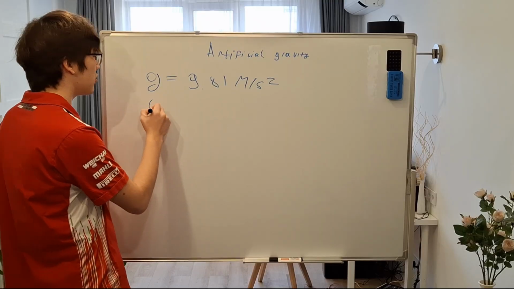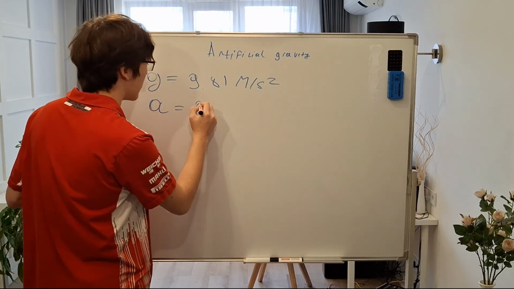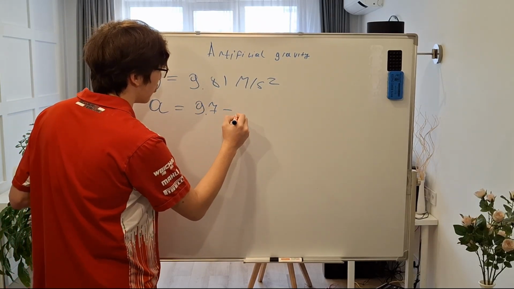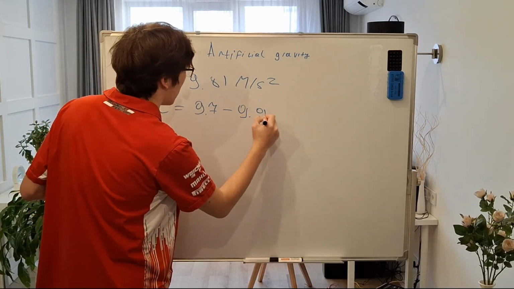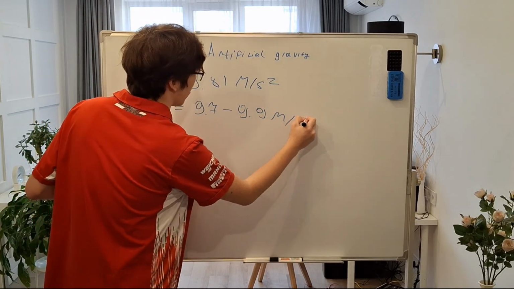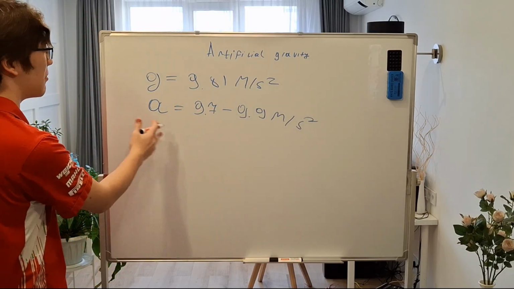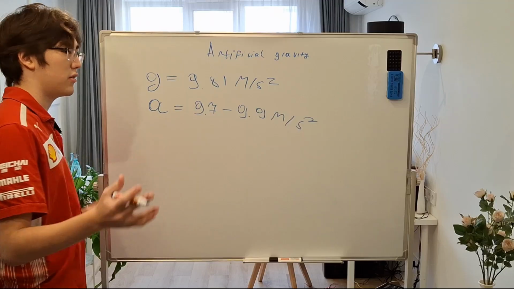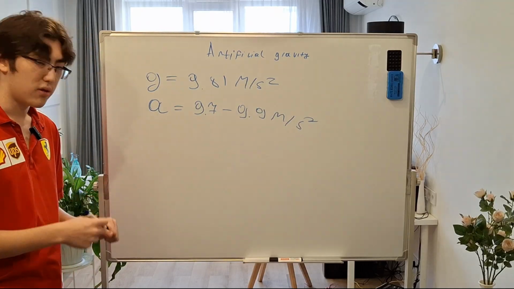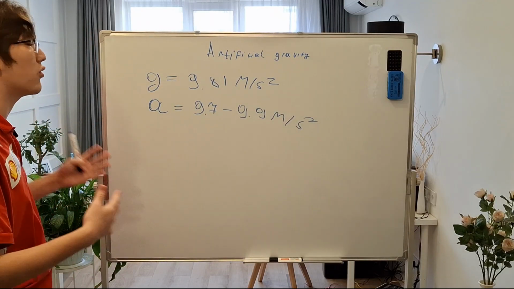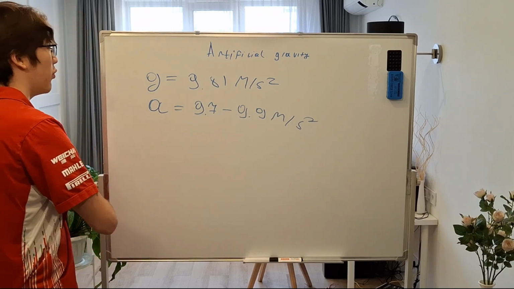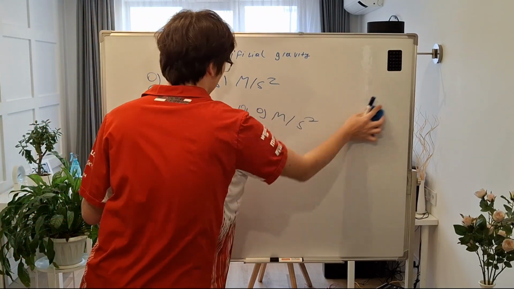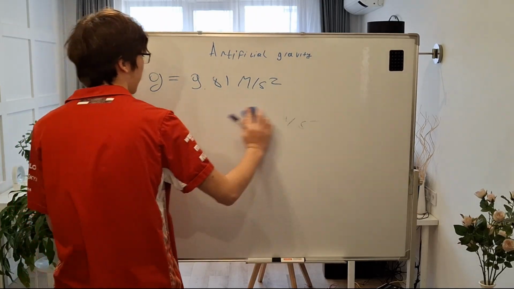So on our station it should be something like 9.7 to 9.9 meters per second squared. It doesn't actually matter a lot because the difference is negligible due to the structure of the station, so we'll probably just take 9.81 meters per second squared.